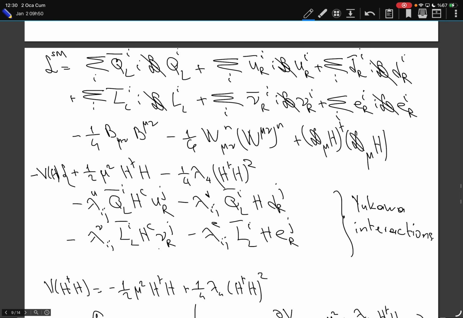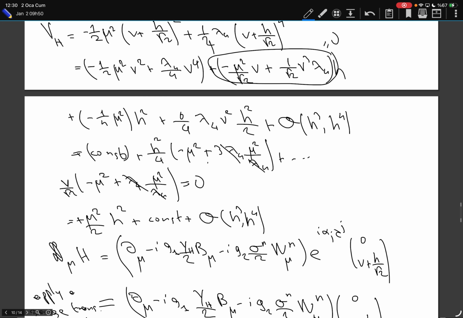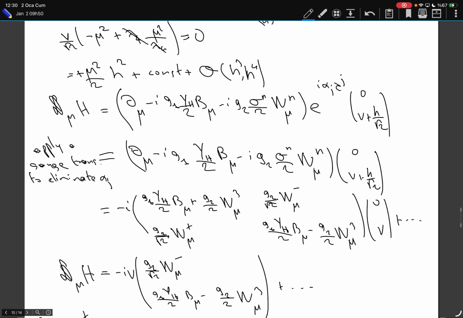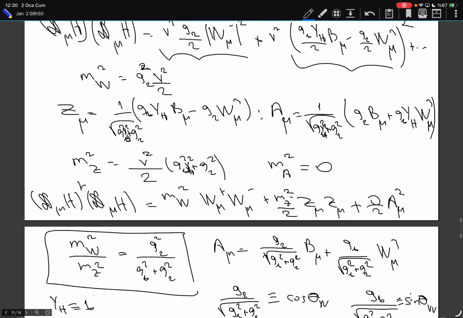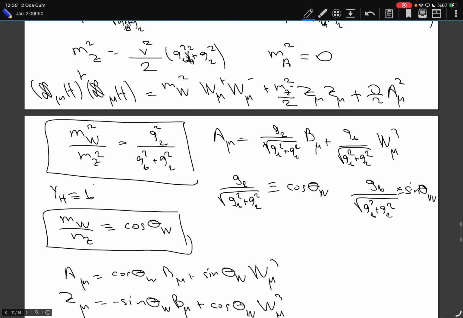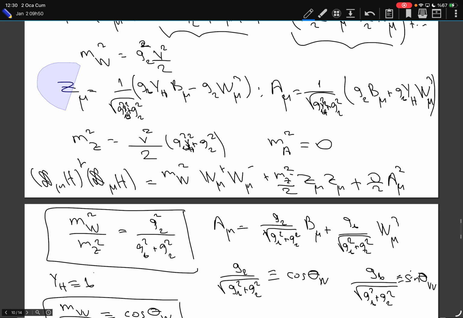Now, of course, there were interactions. There are those interactions which don't change the charge, let's say, of the quark. Neutral interactions like electromagnetic interactions and interactions through Z mu. They remain diagonal in terms of the new fields.